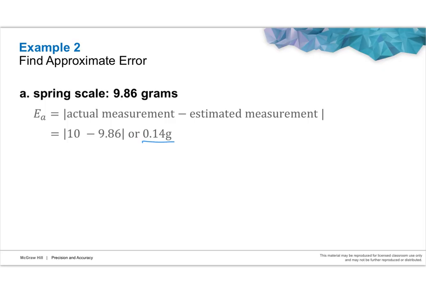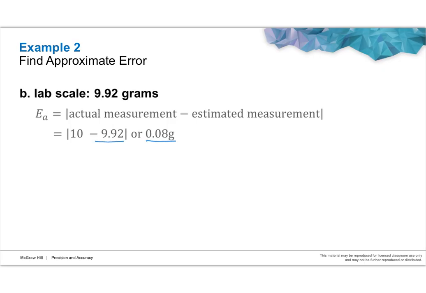So for A, our first example, you can see they've already set up the subtraction for you, 10 minus 9.86. So the actual measurement minus the estimated measurement, or 0.14 grams.